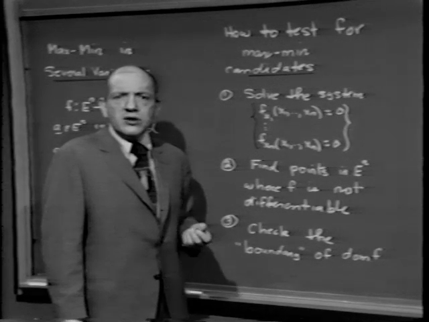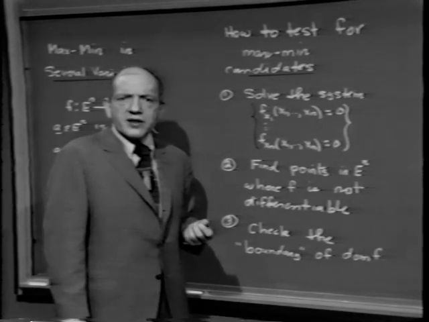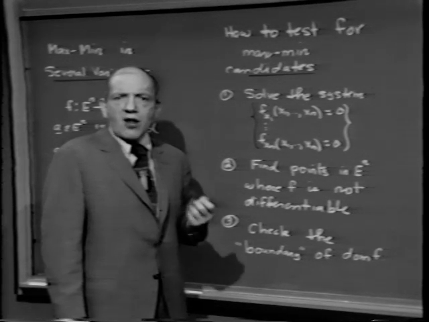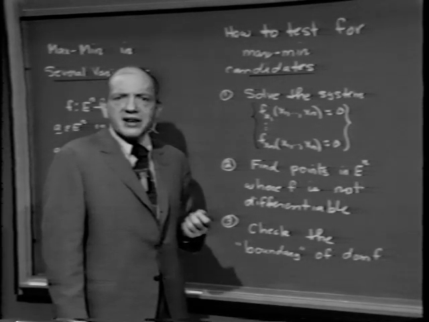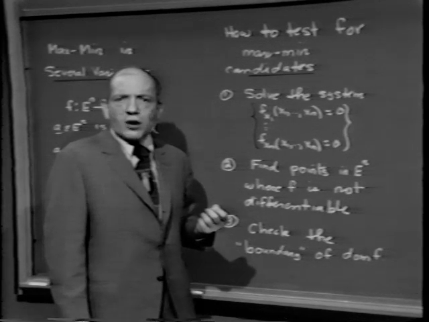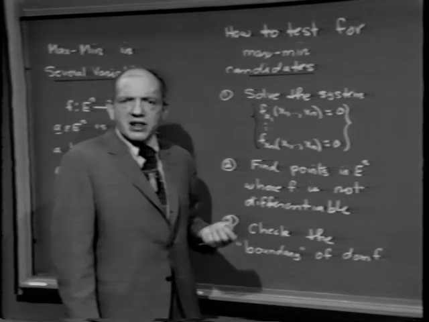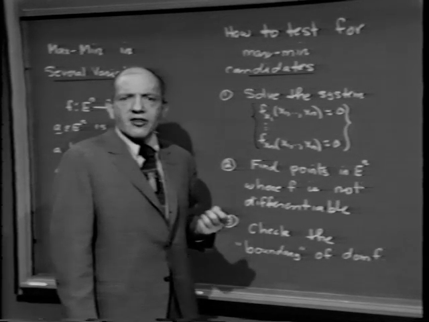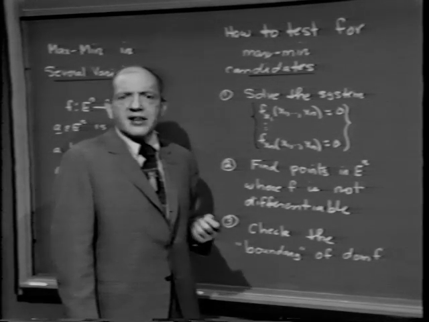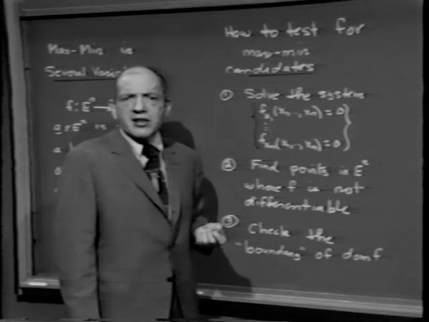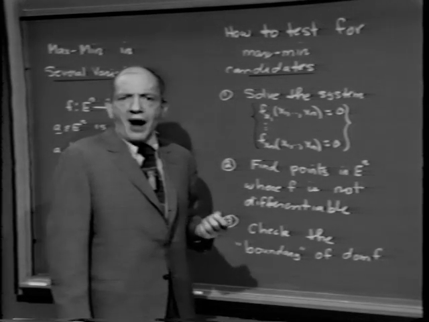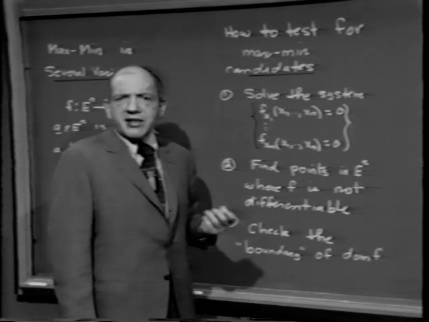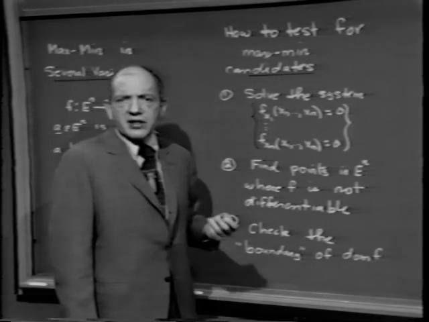But essentially, what do we do? We look at the function wherever it's differentiable, take all of its partials, set them equal to 0, and solve that system simultaneously to see what values of x1 up to xn give us permissible candidates for max-min points. We check to see where the derivative does not exist, and that gives us another batch of points. And then we check the boundary values to see if anything peculiar happens there. Same three tests as we had for calculus of a single variable.